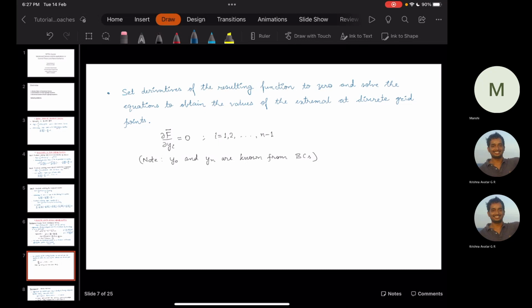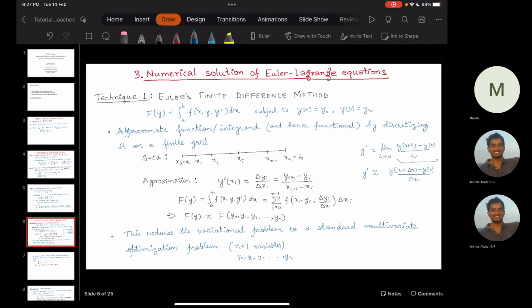But in this case, I will be taking the derivative of F bar with respect to yi only for i equal to 1 to n minus 1. You will ask, where have y0 and yn gone? If you go back to the previous slide, you will see that these are the values at the boundaries: this is the first boundary condition, and this is our second boundary condition.